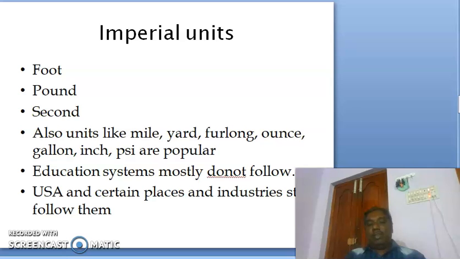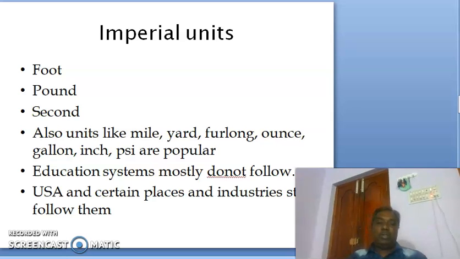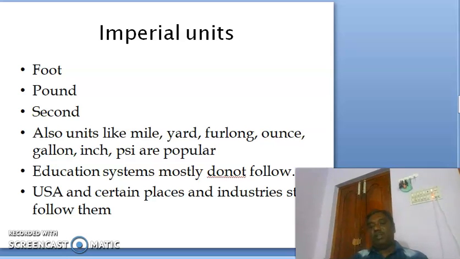Educational systems nowadays mostly do not follow these imperial units, but the mighty nation USA and certain other places and many of the industries still follow the imperial units.